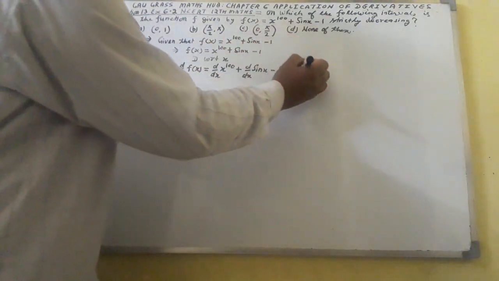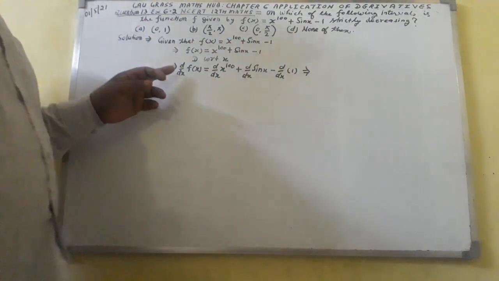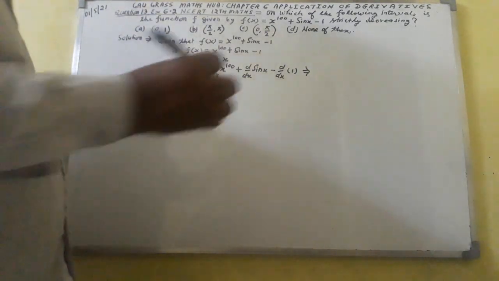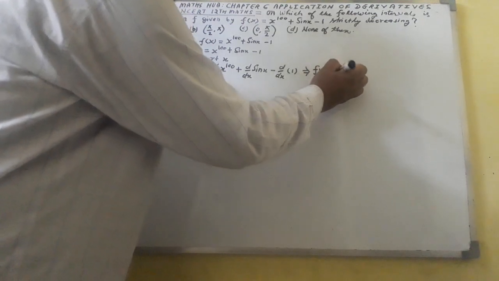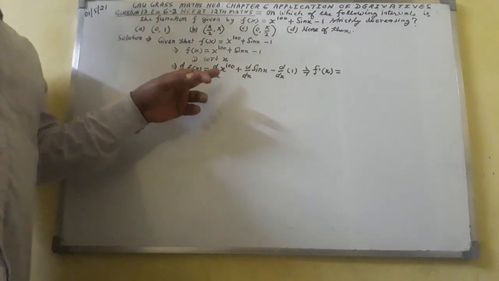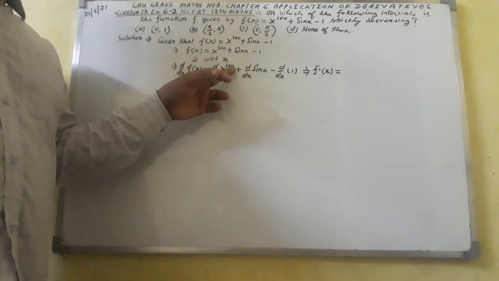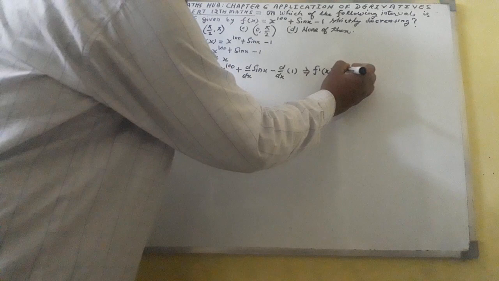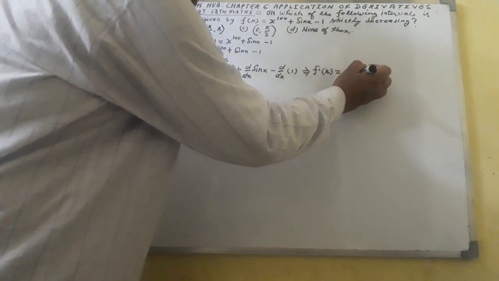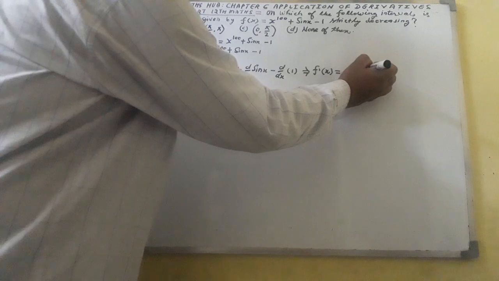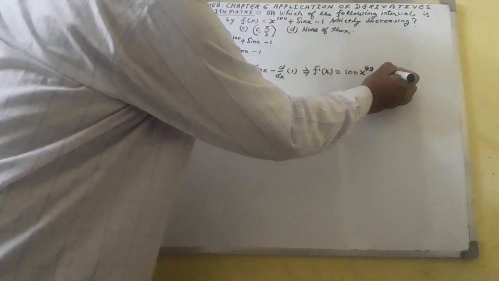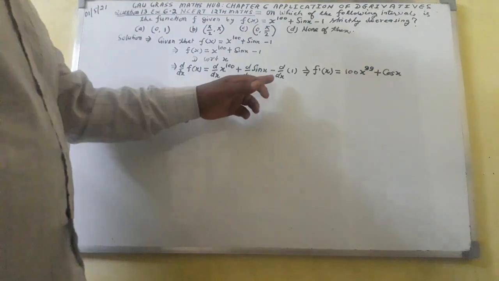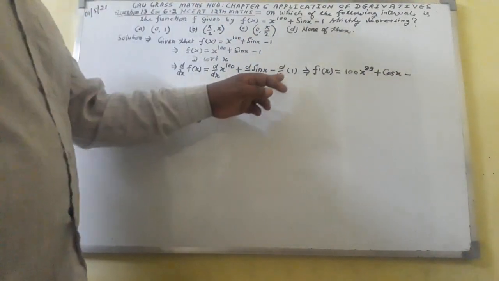So d over dx of f of x comes out to be f dash of x equal to d over dx of x raised to power 100, which comes out to be 100 x raised to the power 99, plus d over dx of sin x, which comes out to be cos x, minus d over dx of 1.